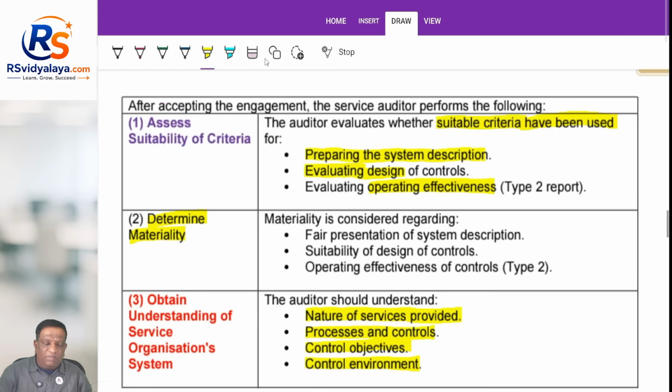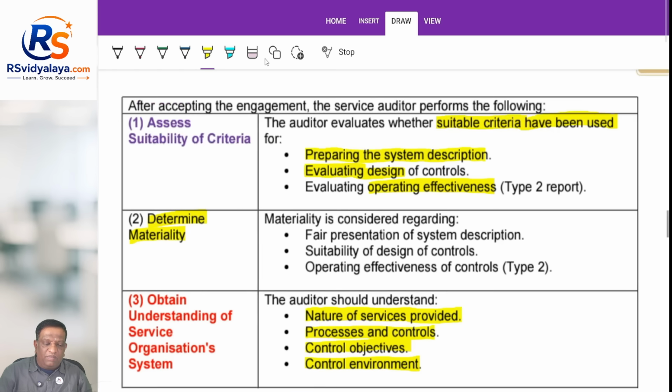So, obtain an understanding of the service organization's system. He must obtain the service organization's controls. Now, what will he try to understand? The nature of the services, that is, what type of services are being provided, what processes they are following, what controls they have established, and what the objective of each of these controls is, because if there is a mismatch between the control you have and the objective of the control, it will become a failure.